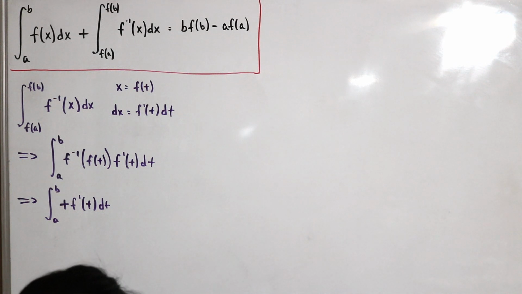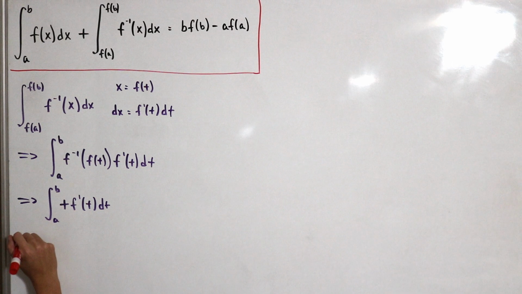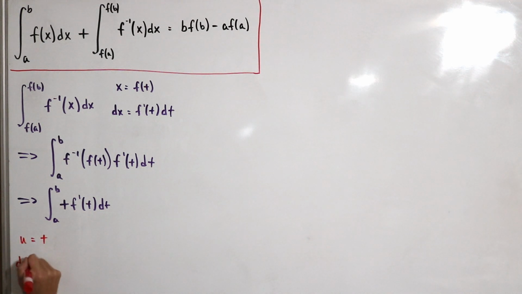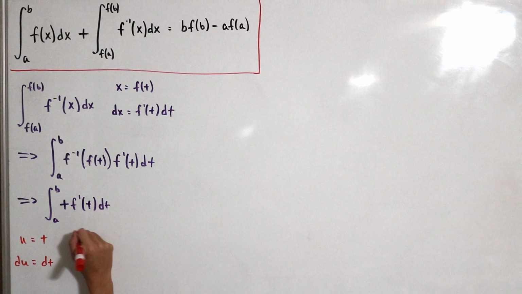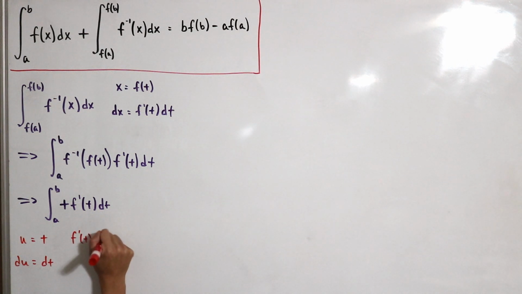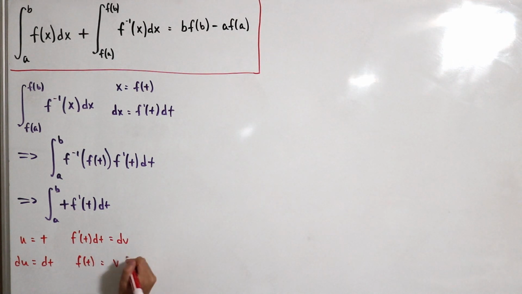Of course, we want to choose something easy to differentiate and something easy to integrate. So I'm going to let u equal t, so du is equal to dt. And f prime of t dt is equal to dv, so integrating that, v is equal to f of t.